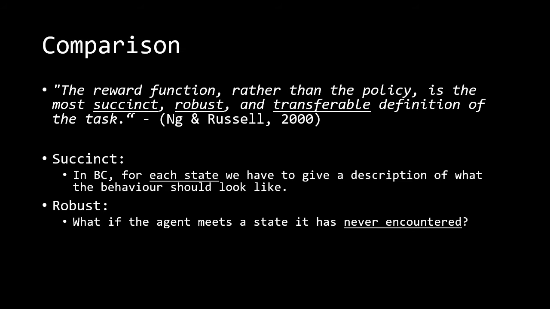Just mentioning the robustness: because behavioral cloning is supervised learning, if you take a wrong action, the BC will say this is bad because it was not similar to what the expert did.